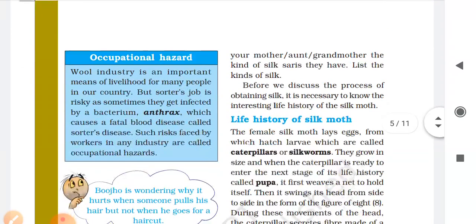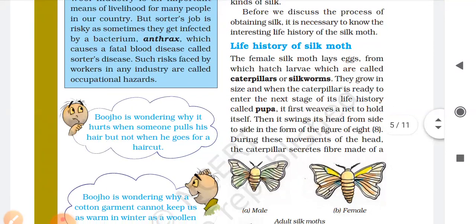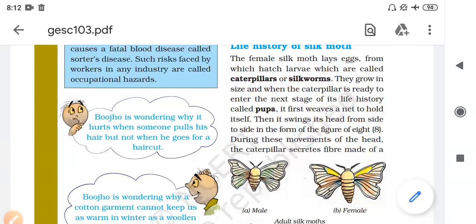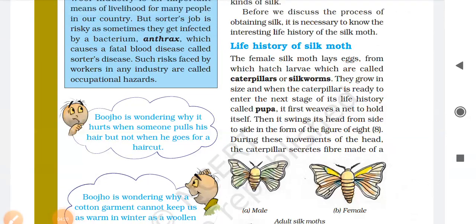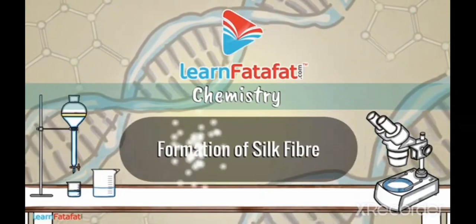Students, now we will understand about the life history of silk moth. Before that, we will see the animated video for life history of silk moth. Formation of silk fiber.